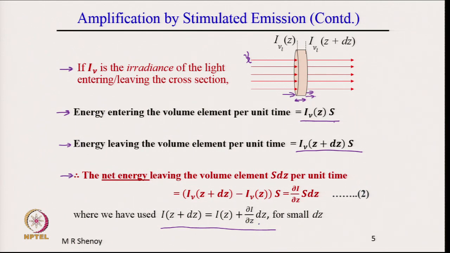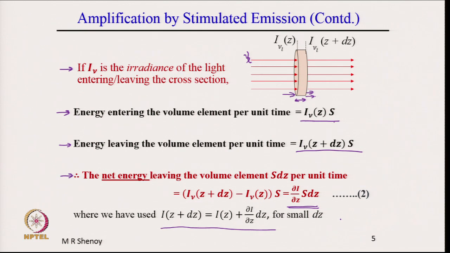So, delta I by delta z into dz for small dz, and therefore, using this, we have the net energy leaving the volume element as delta I by delta z into S dz.